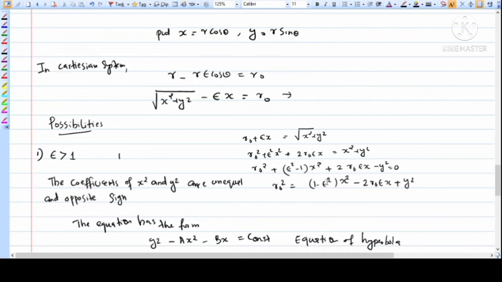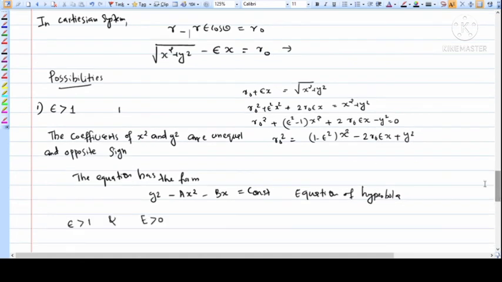And it is more comfortable to use the Cartesian coordinate system. So put x is equal to r cos theta and y is equal to r sin theta, and the equation will become r into 1 minus epsilon cos theta is equal to r0.